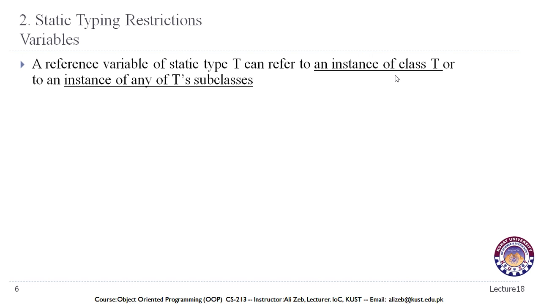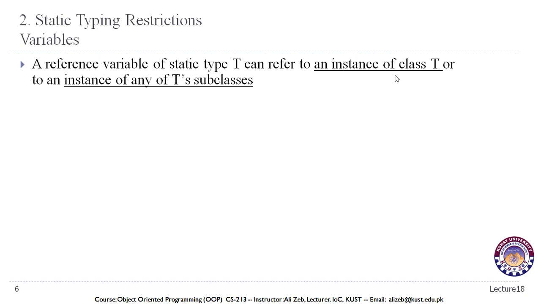Static type restrictions. A reference variable of static type T: for example, if we declare an object of class type T, can refer to an instance of class T. We understand that.